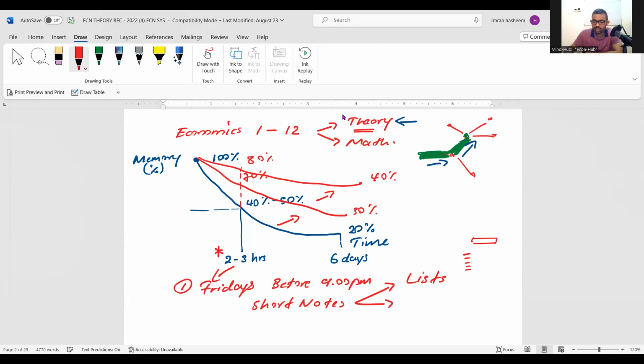Or you can prepare short notes in the form of a table, like what we saw earlier, the classification of economic systems. Or another way is charts. Ideally, if it's a suitable concept, prepare flow charts.